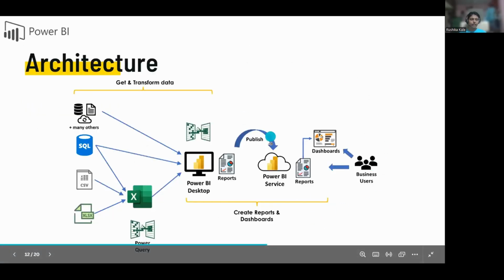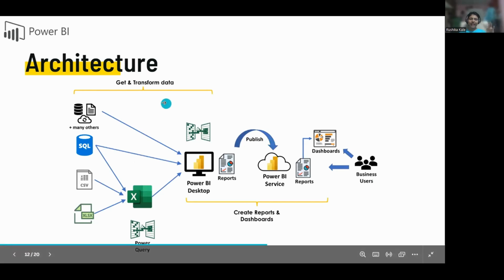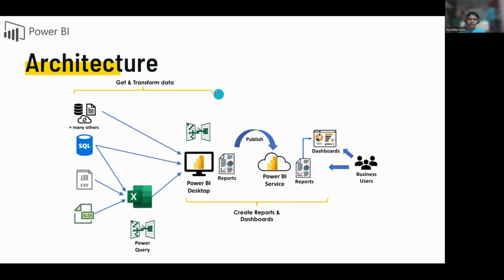So here is what we will call the architecture of the overall Power BI system. Try to analyze it with what we have understood for BI. We got the collection of data. Let me do the annotation. So this part here is the collection part.